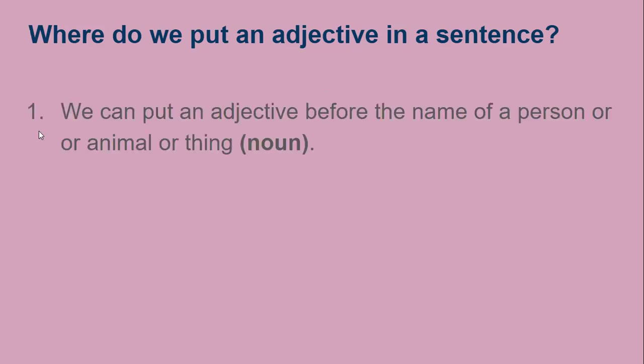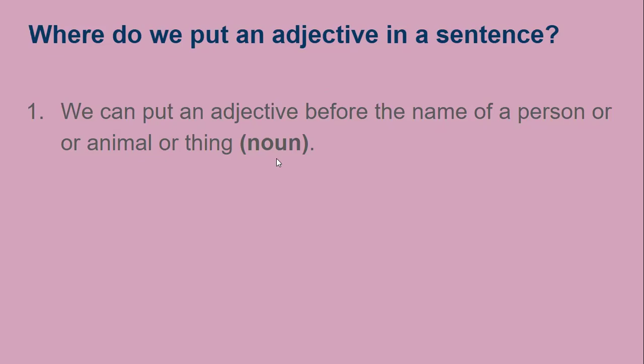So, firstly, on number one, we can put an adjective before the name of a person or animal or thing, the noun.